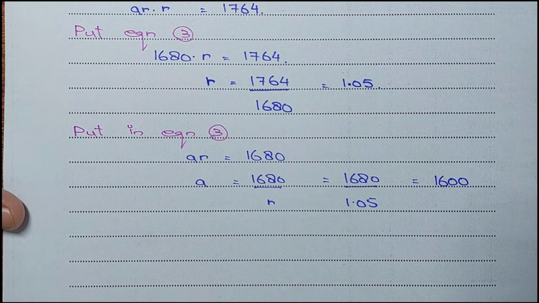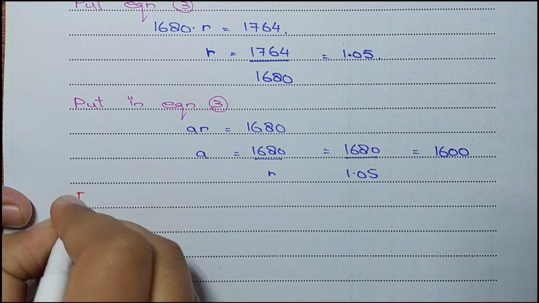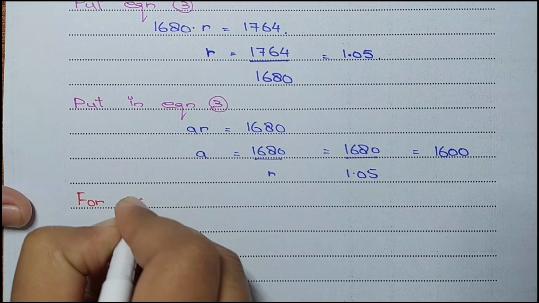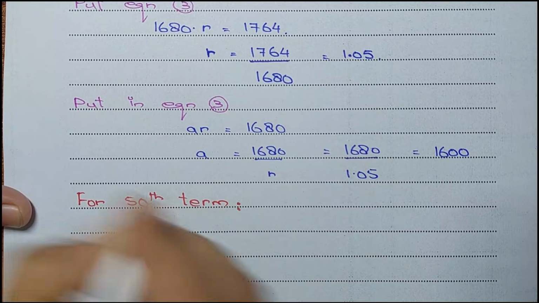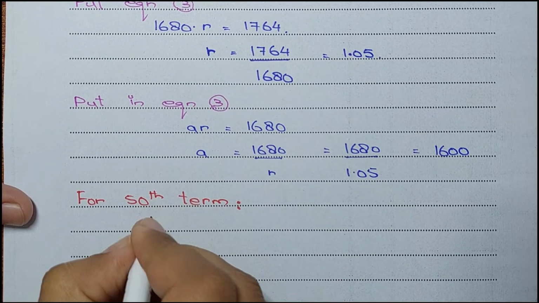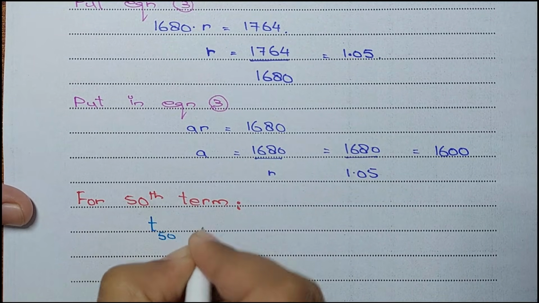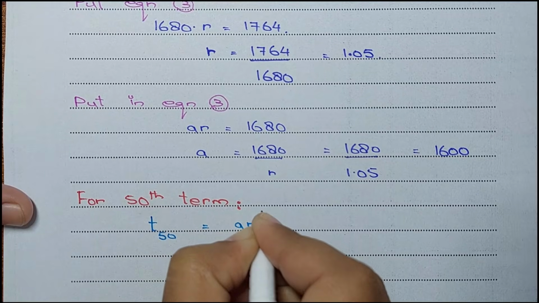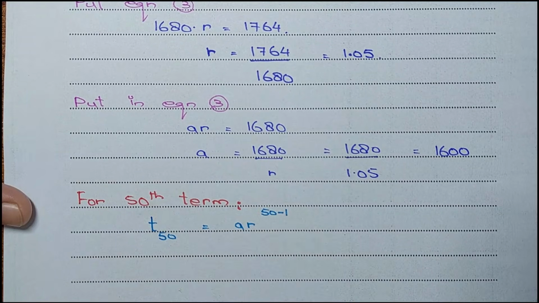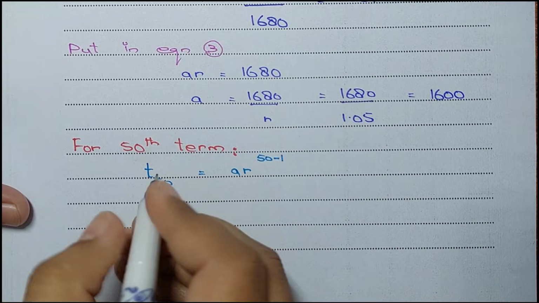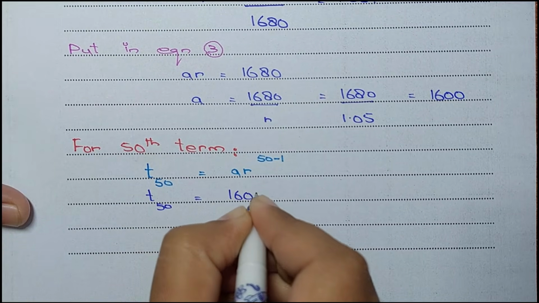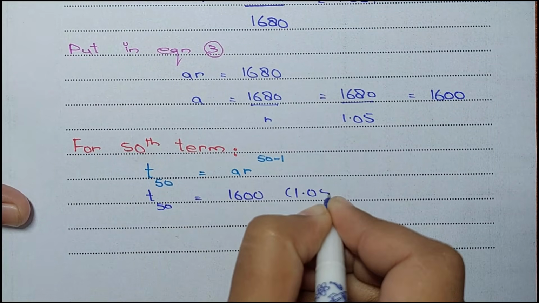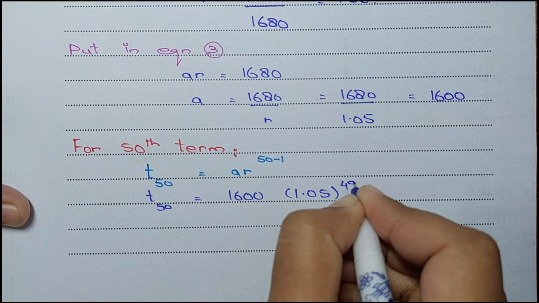We can find out the 50th term. We need to figure out T50, the 50th term. T50 equals ar^(50-1). Now the a value is 1600, the r value is 1.05, and this power is 49.